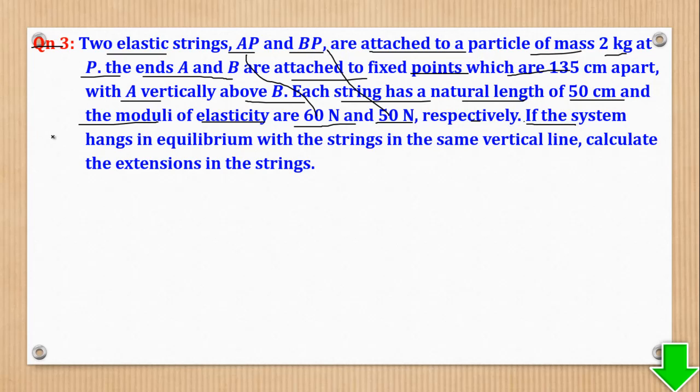If the system hangs in equilibrium with the strings in the same vertical line, calculate the extensions in the strings.